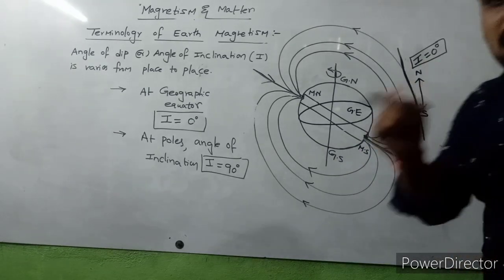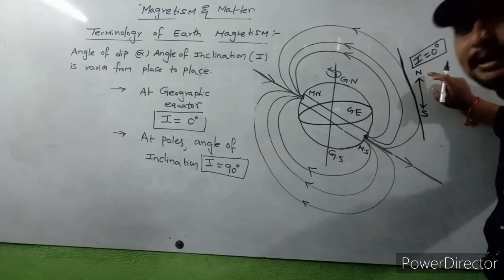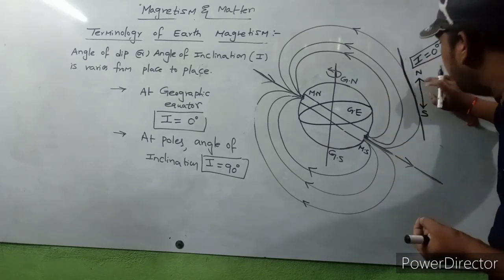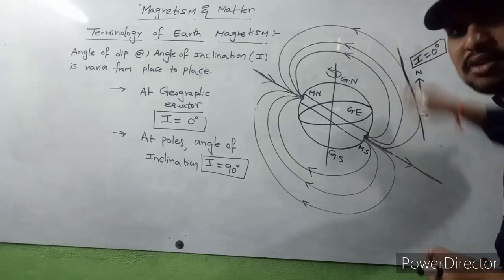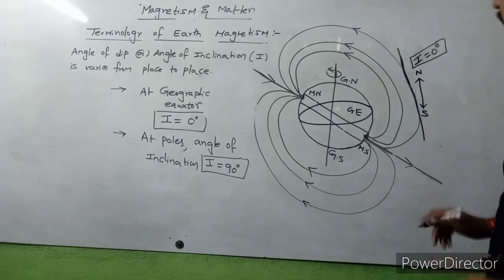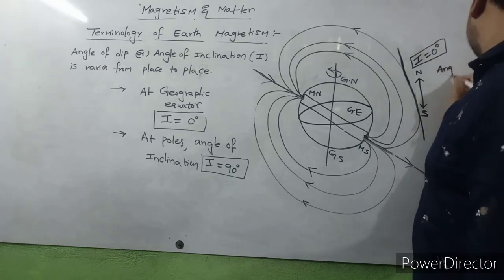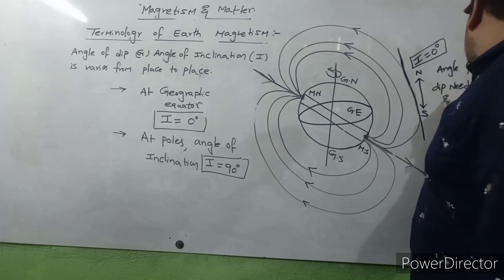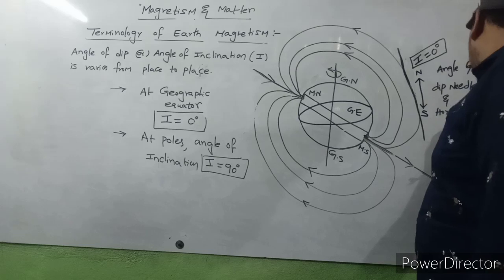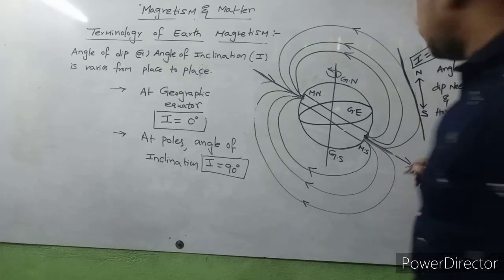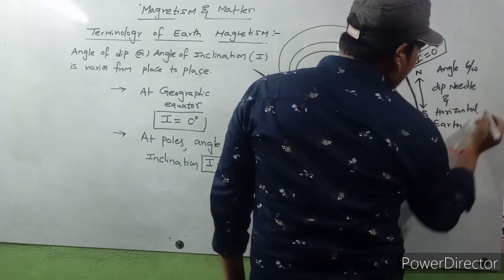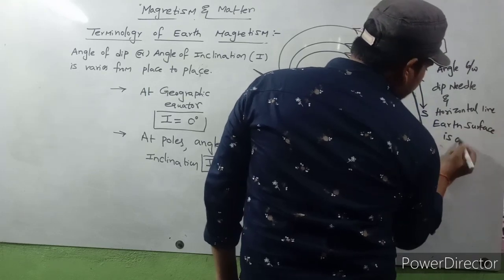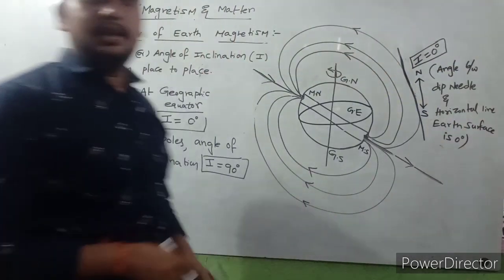You already know the definition of angle of inclination: the angle made by the dip needle, which is nothing but the magnetic needle, with the horizontal surface of the earth. Here the angle between the dip needle and the horizontal line of the earth surface is 0 degrees.